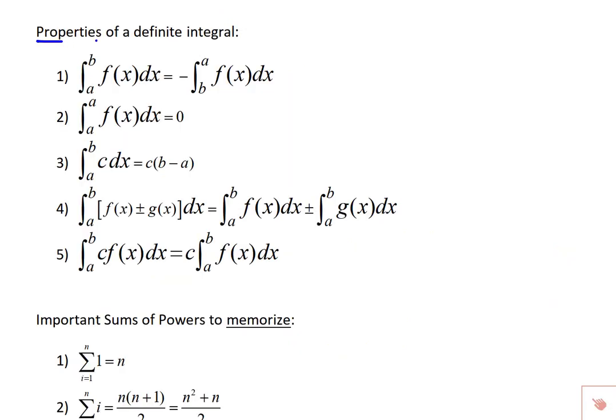Let's also consider some properties of a definite integral. There are several. We'll read through them carefully. The first one is that the integral from a to b of f of x dx is equal to the negative integral from b to a. So notice what happened here.